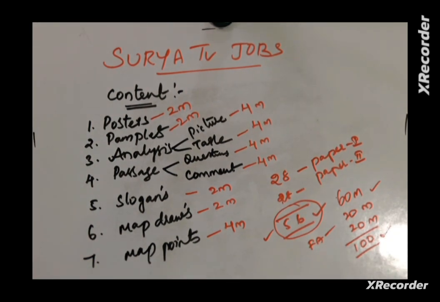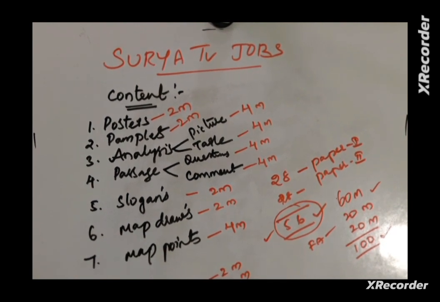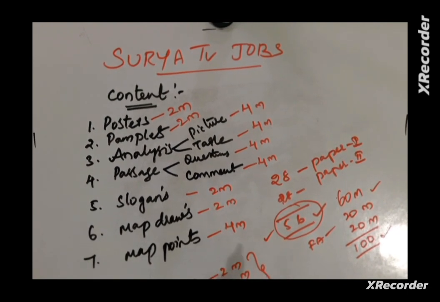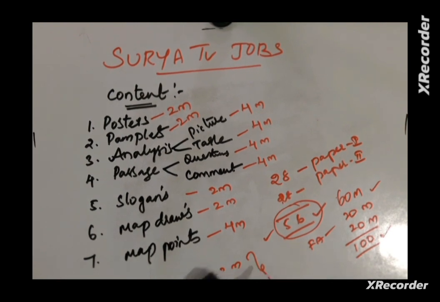Now the question paper pattern has been changed, right? 1 mark has become 2 marks. Then 2 marks has become 4 marks. Then 4 marks has become 6 marks. Whatever the question and answers, the number of marks has changed. Nothing else will happen.